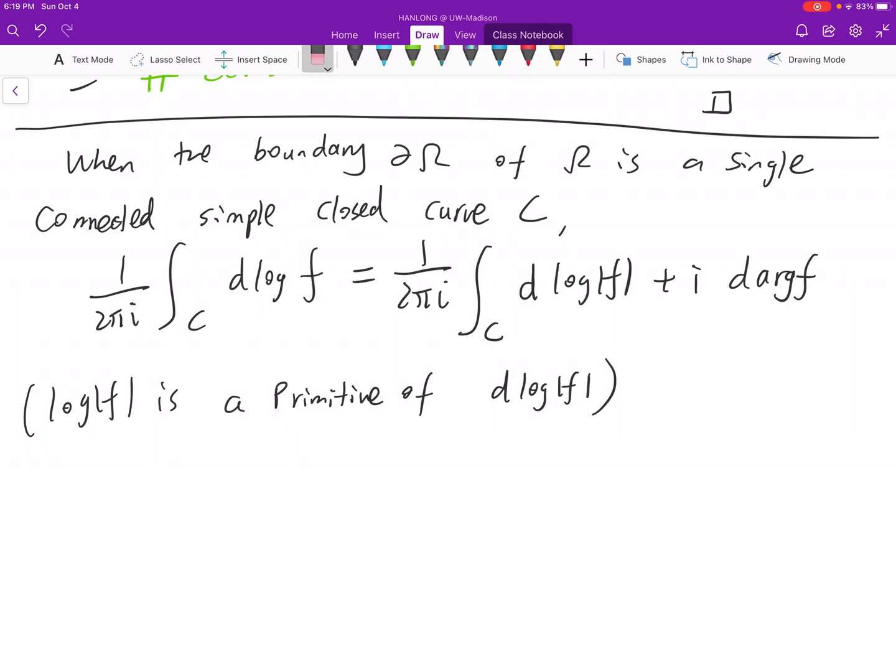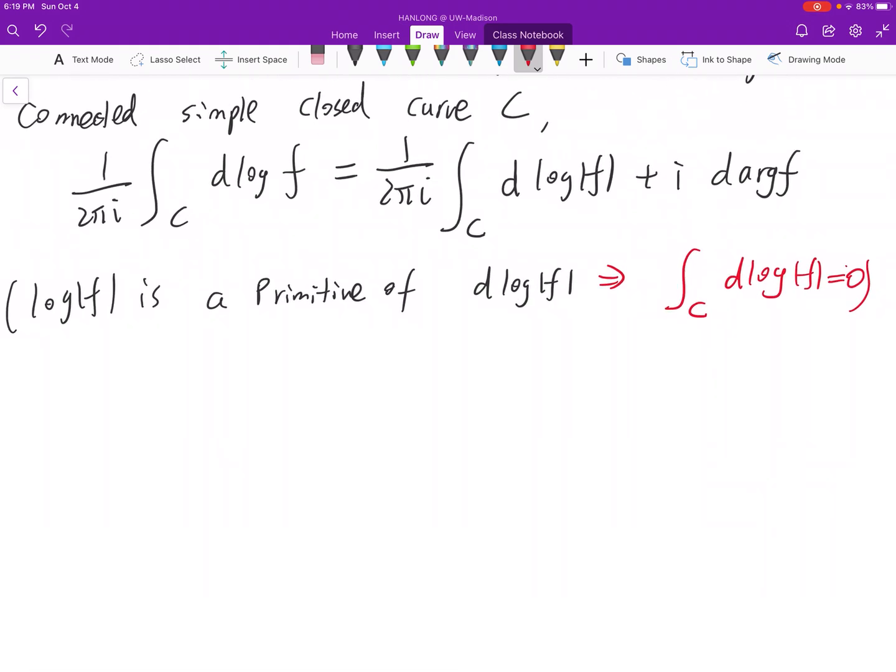The immediate consequence is that the integration along the closed loop C of this part is zero.